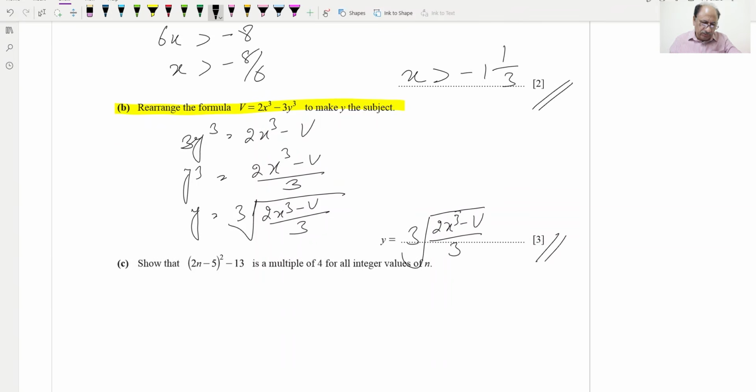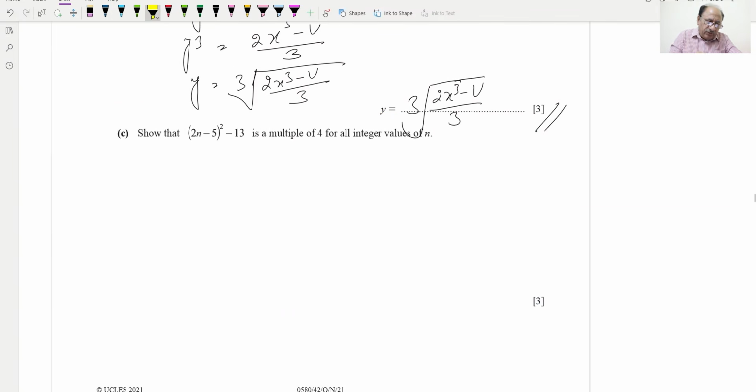3 marks question. Now for C part, show that this is a multiple of 4 for all integer values of n. We can take the expression 2n minus 5 squared minus 13, and now we can open the square.